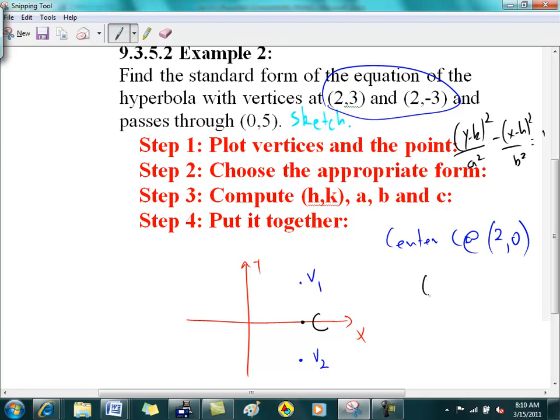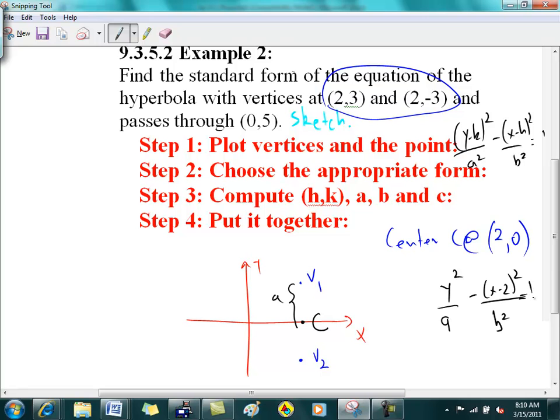So that's going to be y squared, because k is 0. Someone tell me what a is equal to. 3, so a squared would be 9. Remember, this is a. Since the y coordinate of the center is 0 and the vertex is at 3, it's got to be 3 units. So y squared over 9 minus (x minus 2) quantity squared over, and I don't know what b squared is.